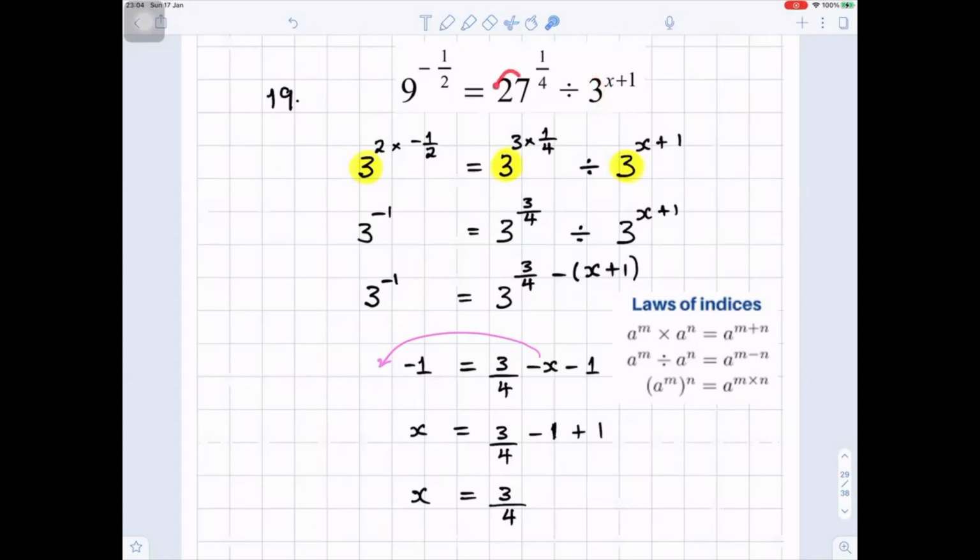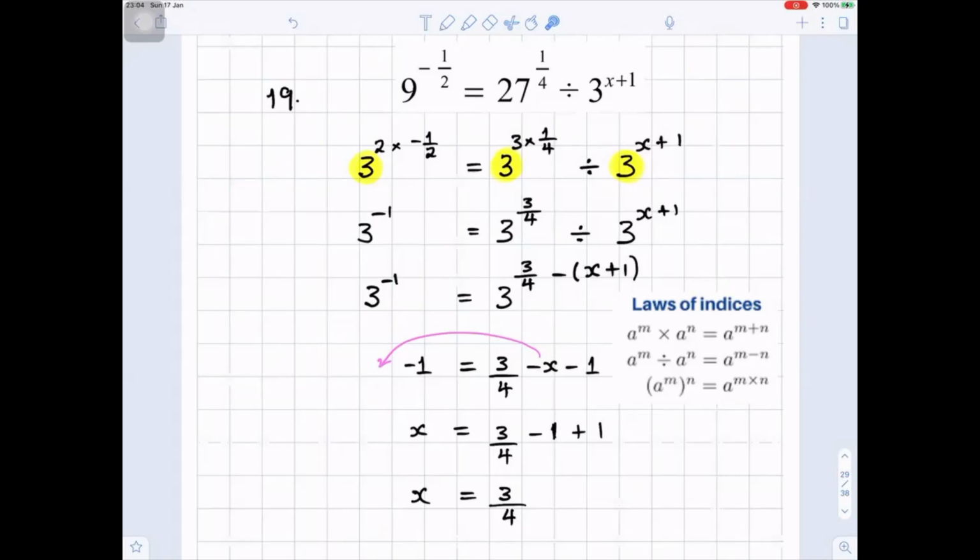So we change 27 to something that has 3. 27 is 3 to the 3, because 3 to the 3 means 3 times 3 times 3, which is 27. 9 is the same as 3 squared, 3 times 3 is 9. So we will replace 9 with 3 squared, replace 27 with 3 cubed, and we leave the 3 to stay the same. That's the first thing we do.